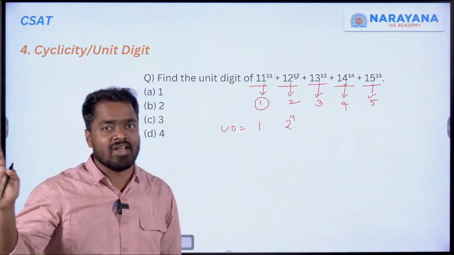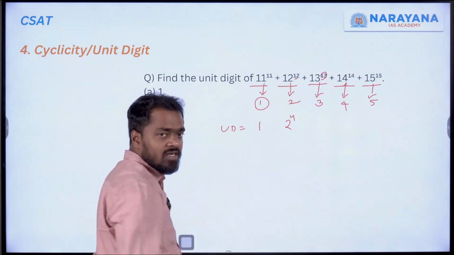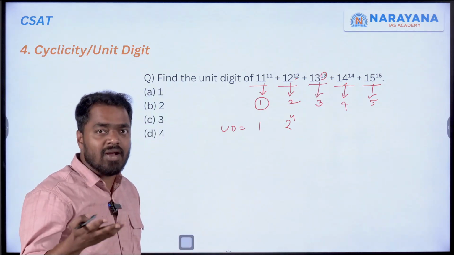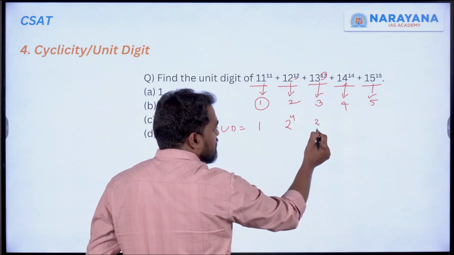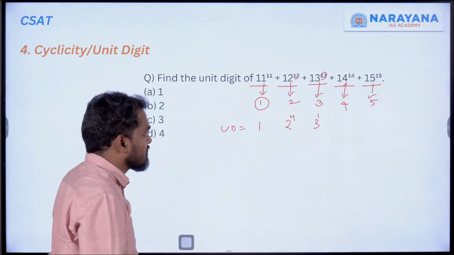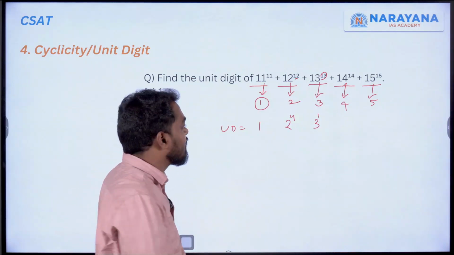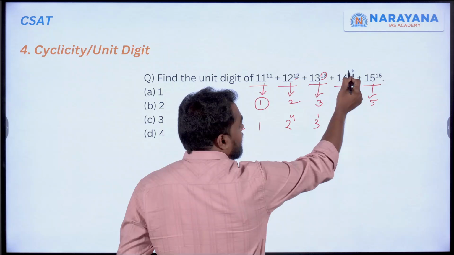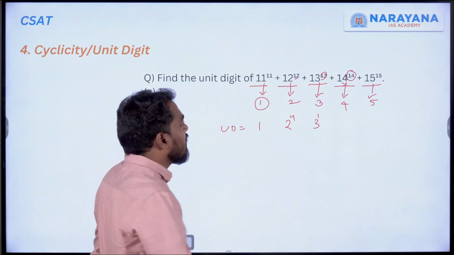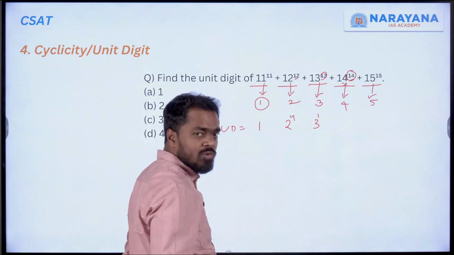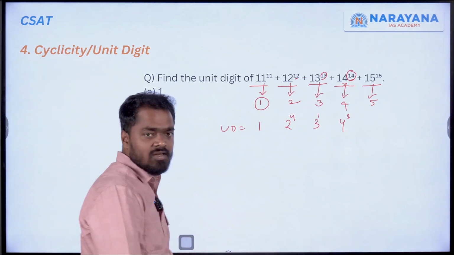So take the power 13, divide it with 4, the remainder is 1, so z to the power 1. So 3 to the power 1 is your unit digit. Similarly for 4, apply the second rule. Take the power 14, divide it with 4, 4 3s are 12, remainder is 2, z square, that is nothing but 4 square is your unit digit.